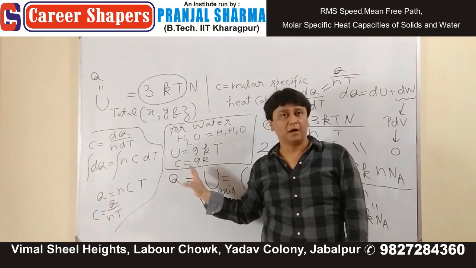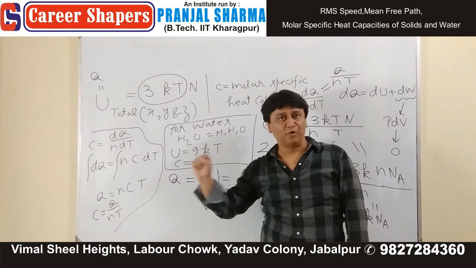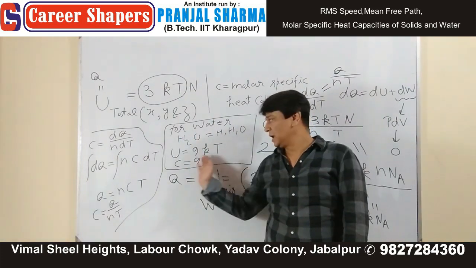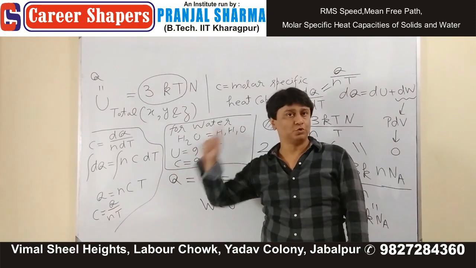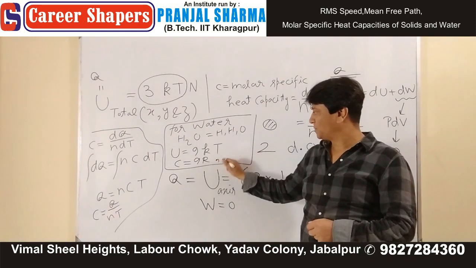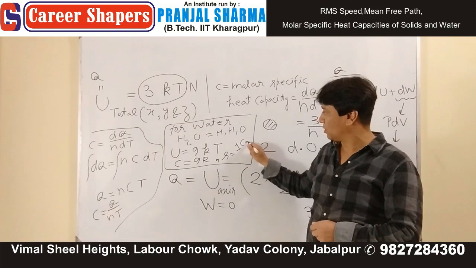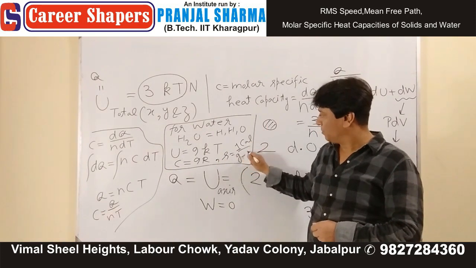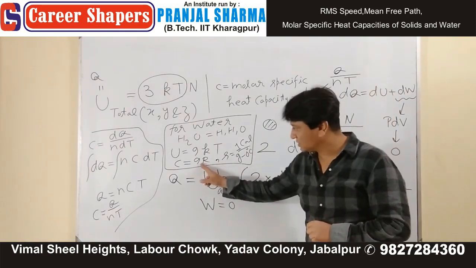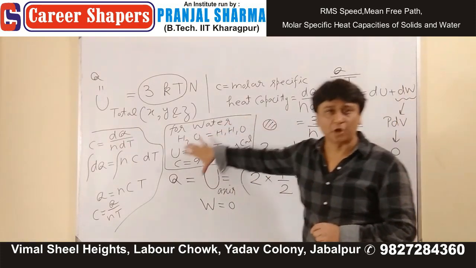When this 9R is used for 1 gram of water and temperature is raised by 1 degree Celsius, it comes close to 1 calorie. And I hope you remember that the specific heat capacity of water was 1 calorie per gram per degree Celsius. Just so that this is in good agreement with this, it is taught.